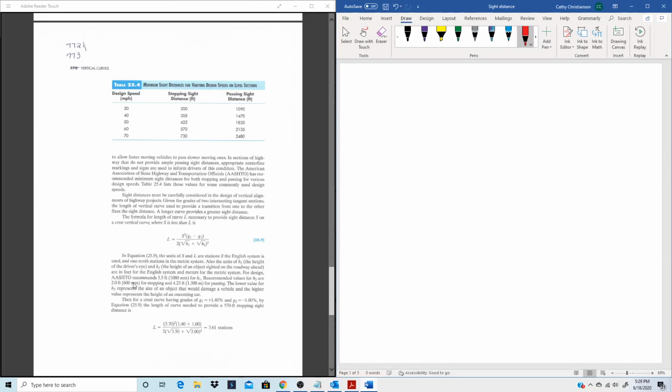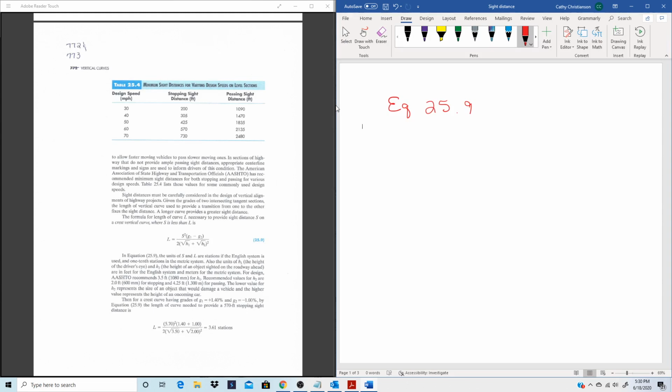Alright, so I'm going to write a couple things down that I want you to know. Again, you'll be given the stopping sight distance. What we're looking for is the length of the vertical curve in stations. So, equation 25(9).